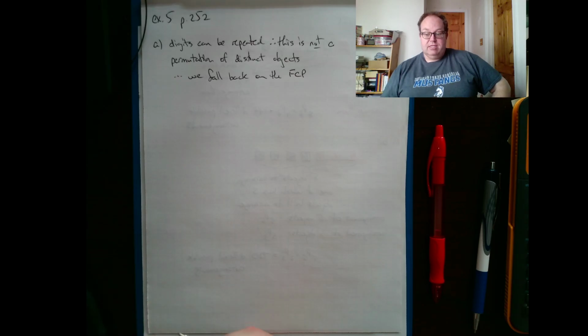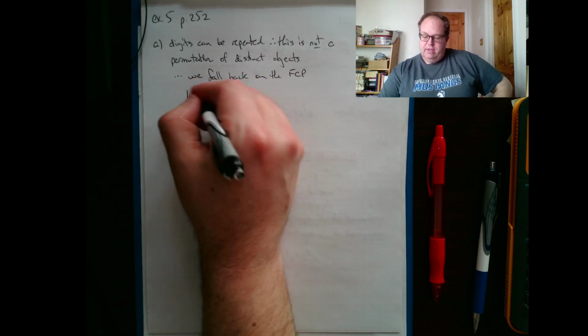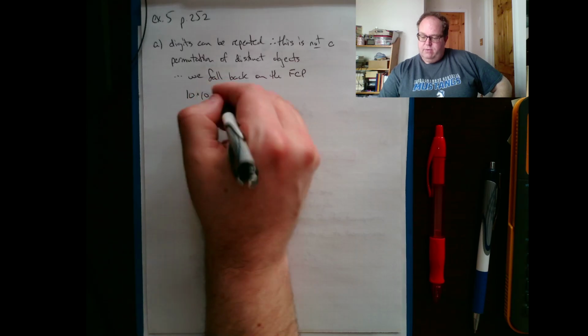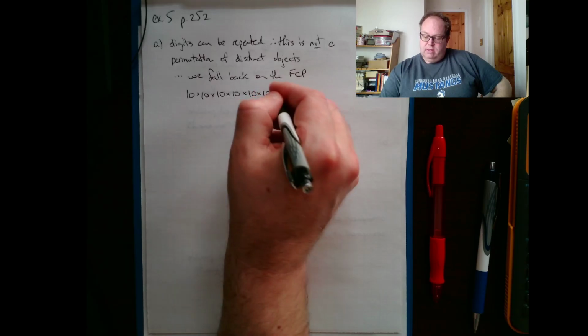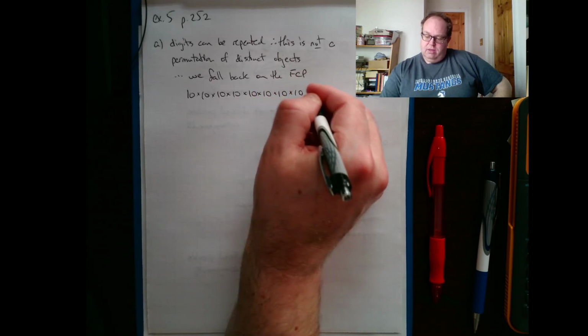And for a 9-digit number, I have 10 ways to choose the first digit, 10 ways to choose the second, 10 ways to choose the third, the fourth, the fifth, the sixth, the seventh, the eighth, and the ninth.